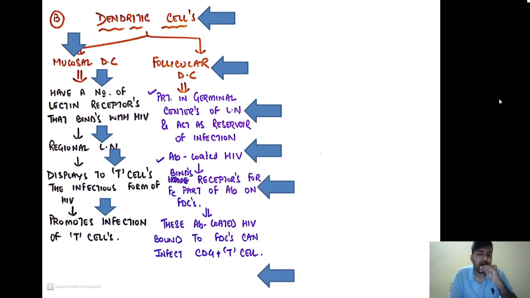And these antibody coated HIV, bound to the follicular dendritic cell, can further infect the CD4 plus T cell. So the role of the dendritic cell is basically that of promotion of infection to the CD4 plus T cells, by antigen presentation.